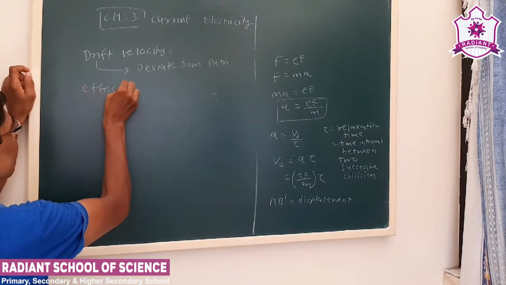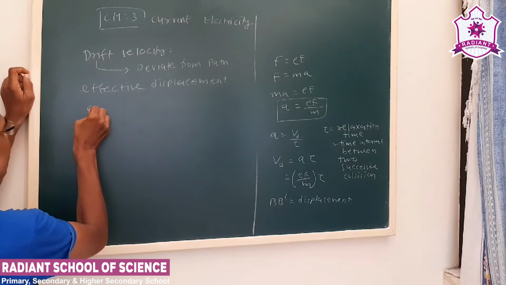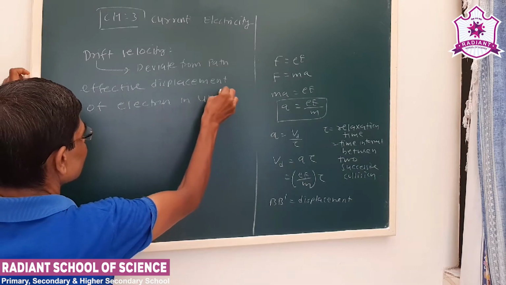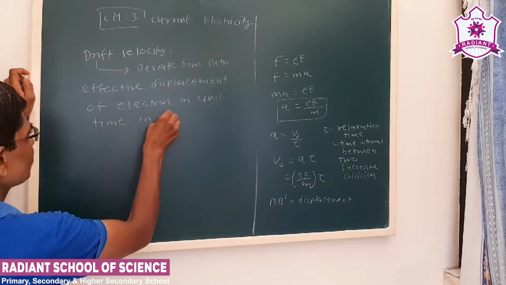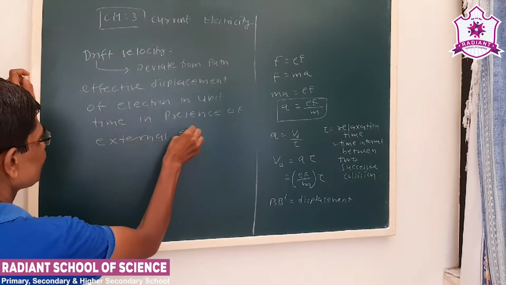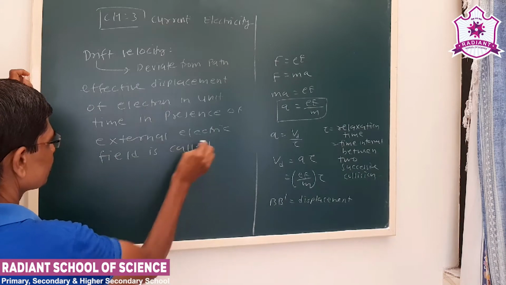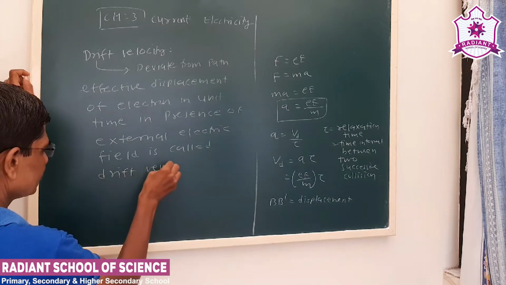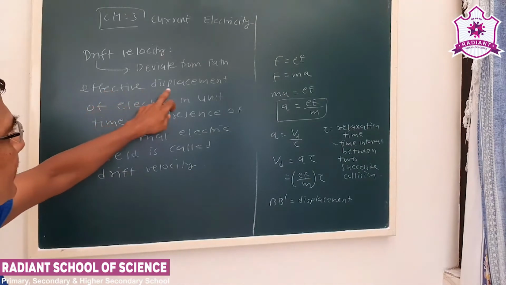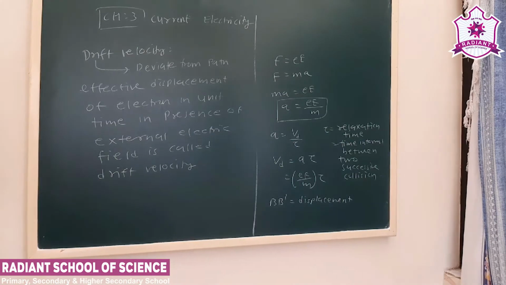See, the effective displacement of the electron in unit time in the presence of an external electric field is called the drift velocity.